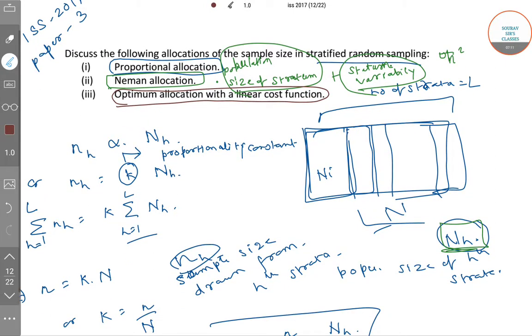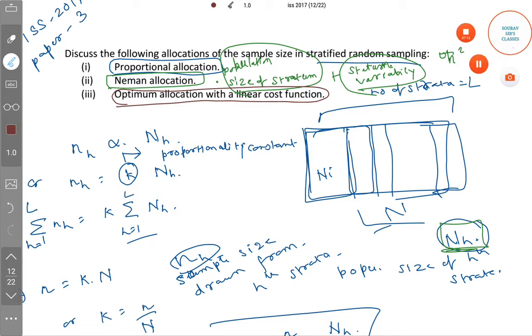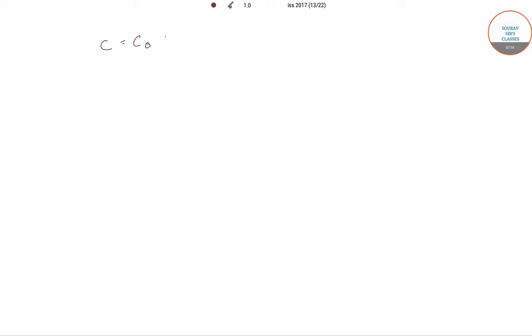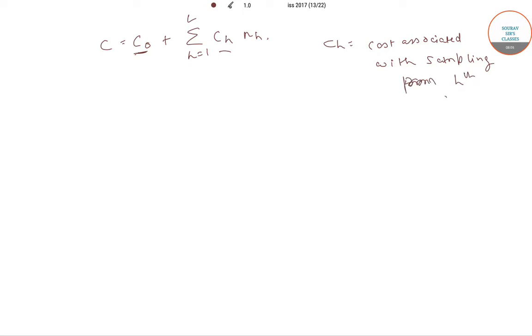Suppose we have a cost function C equal to C naught plus summation h goes from 1 to capital L of CH nh, where C naught is the constant cost, and CH is the cost associated with sampling from the hth stratum.